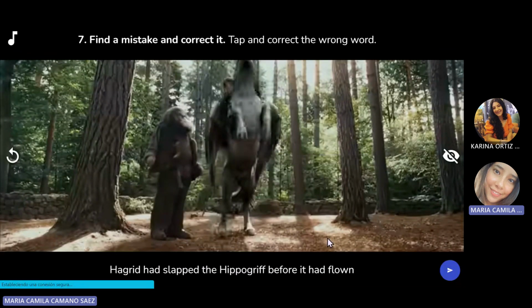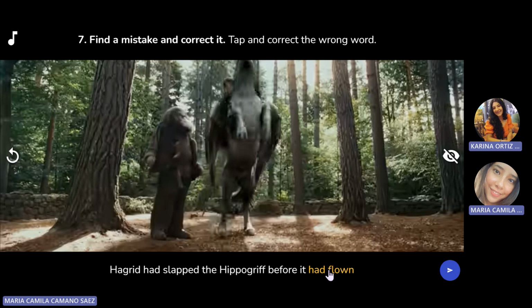Okay, we are going to find a mistake here. What do you think? What is the mistake? I think it's in the part that says before it had flown, it's only flown. What is the mistake, or what would be the correct sentence?